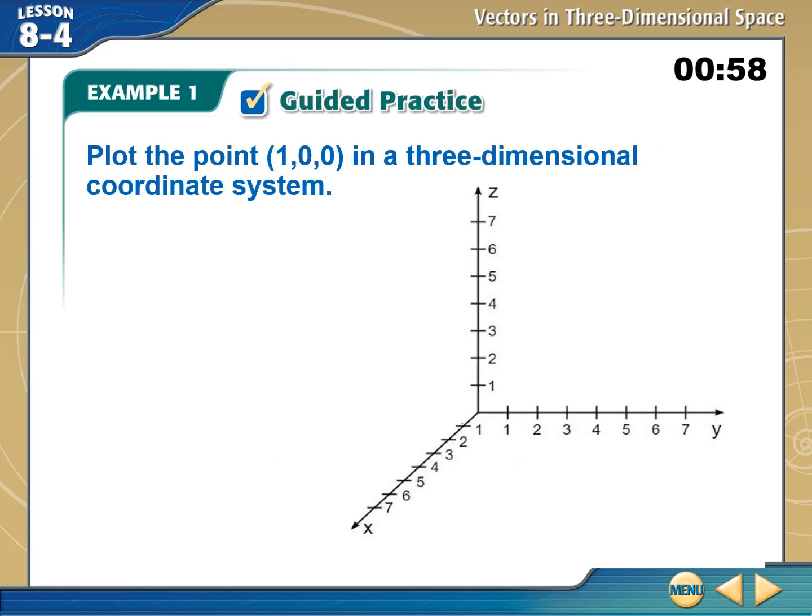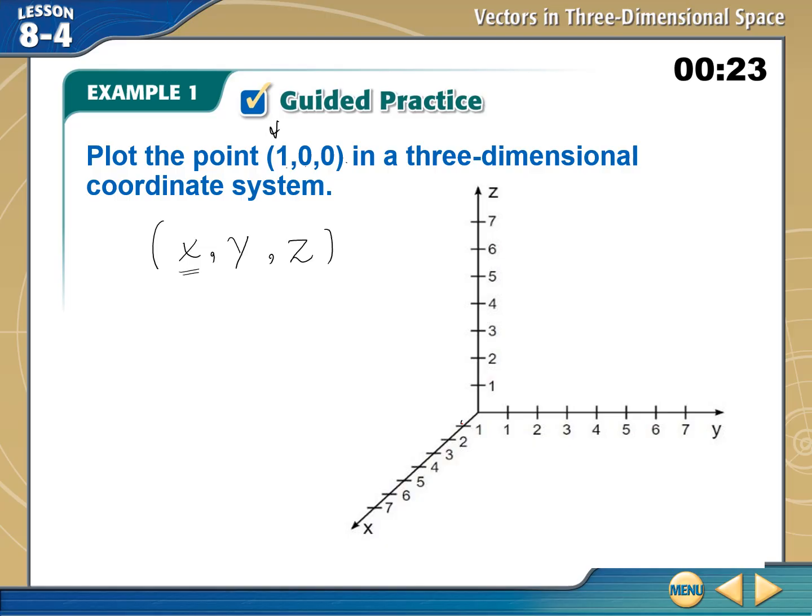Let's try to understand how we can plot the points. Remember that in a coordinate system, first we have the x value, then the y value, and then the z value. So for the point 1, 0, 0, there is no y value and the z coordinate is 0, so you only have to plot the point on the positive x side, which is 1.